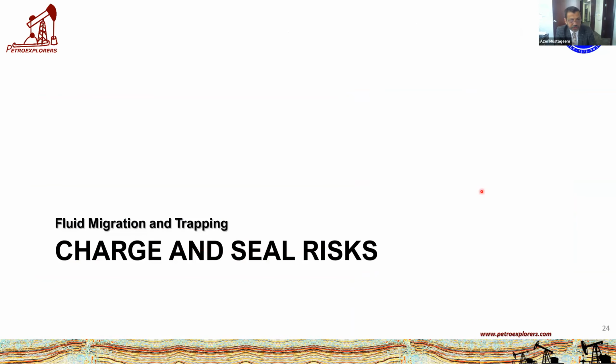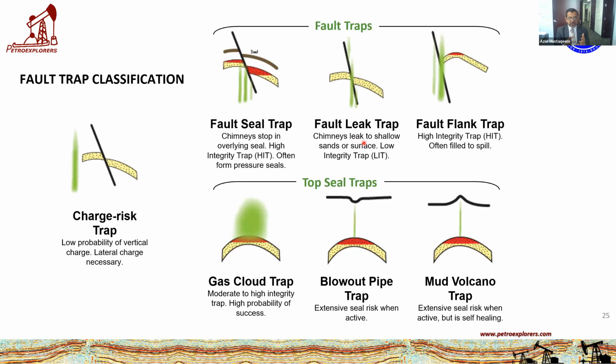So now we go into another area called charge and seal risk, the risks with where the migration and the seal capacity of these various traps are. That's a phenomenon which has been worked on quite a bit by DGB Earth Sciences as well as us, the chimney analysis, to find how the traps are leaking.